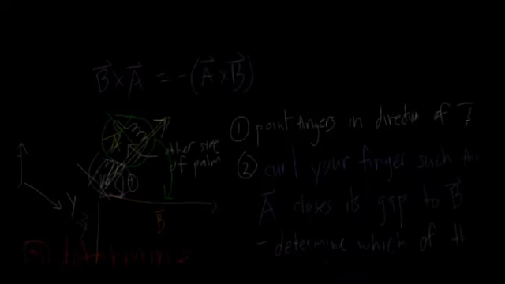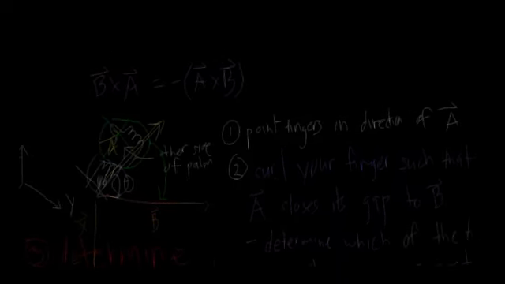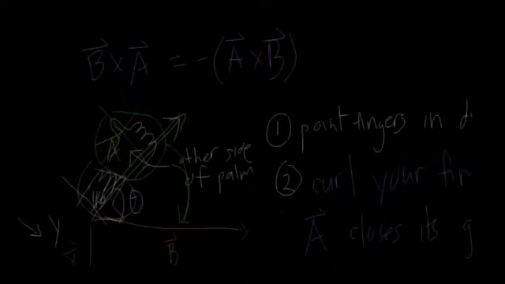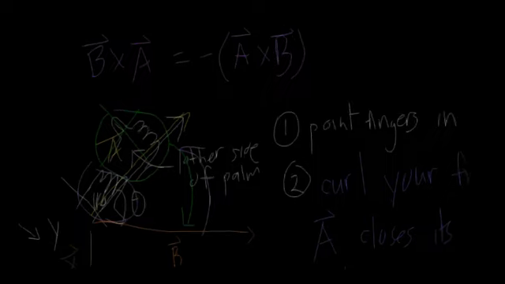Curl your fingers such that vector b closes its gap to vector a, so it will be this direction. You'd notice that up would be successful in curling your fingers, and down you would have to turn 360 degrees to curl your fingers. That's not good. You might break your right hand.